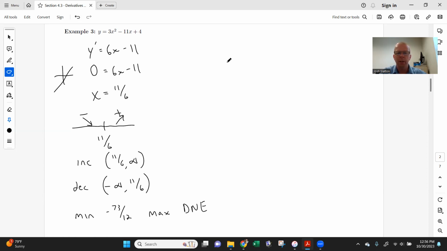All right, and then if we want to do the test for concavity, find the second derivative. It's just 6, and so y double prime is greater than 0 for all x, and so it's concave up for the entire domain, negative infinity to infinity.